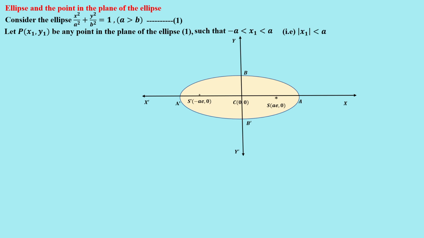That is, mod x1 is less than a. So we are choosing like this. See P(x1, y1): from the center C to the vertex A, the distance is small a. So for P(x1, y1), the x distance is in between. That is why we are choosing that point like that.